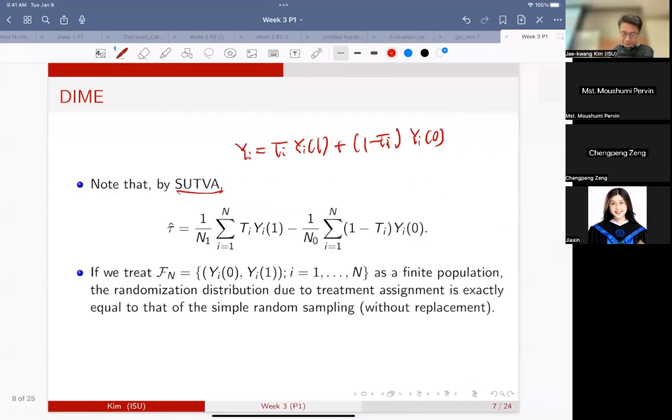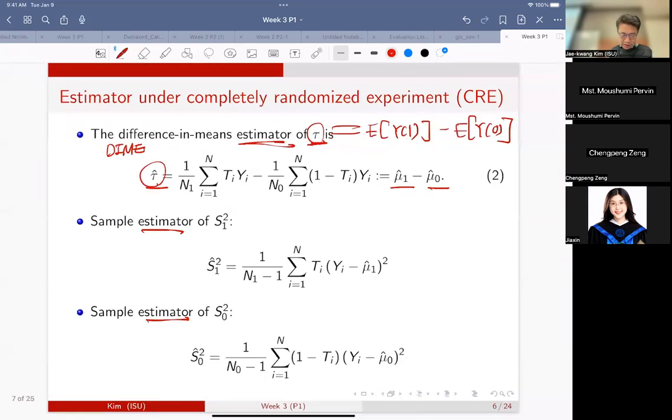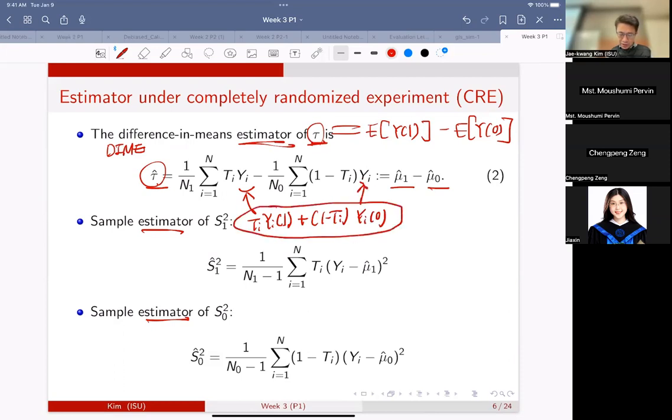So if I use that here, if I use this definition in this place, then what?